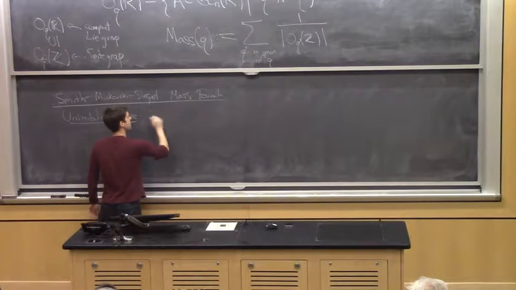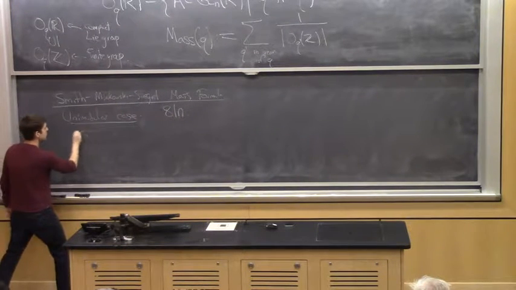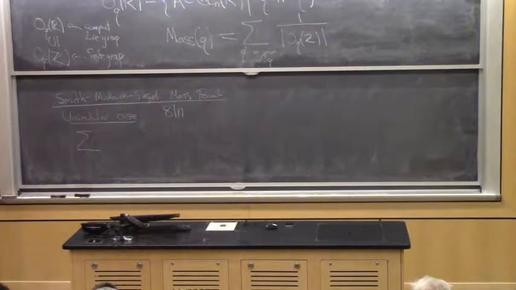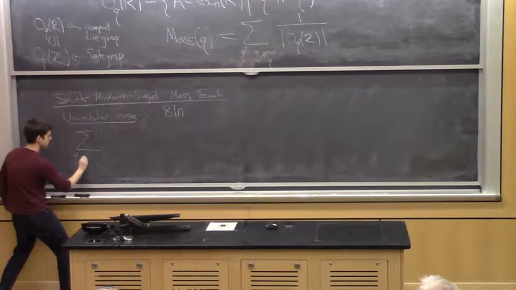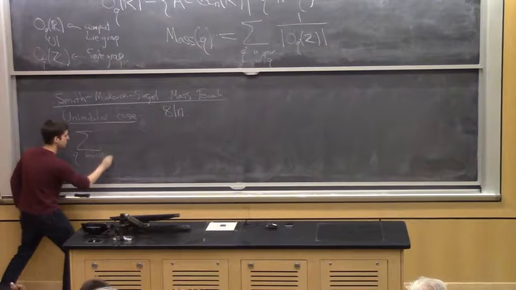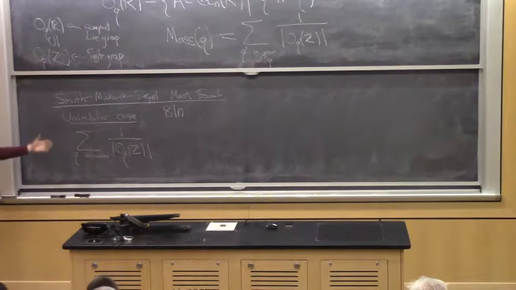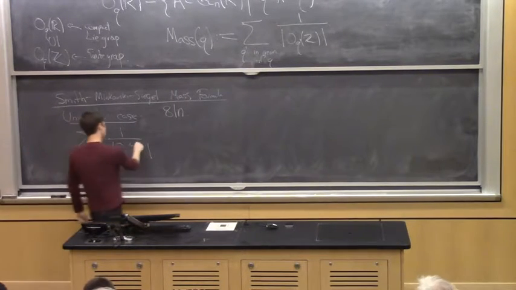So assume that 8 divides n, where n is the number of variables. On the left-hand side, I'm going to take the mass of the unimodular genus. It's a sum over all unimodular quadratic forms in n variables of 1 over the size of O(Q), and again, there's one term in this sum for each isomorphism class.